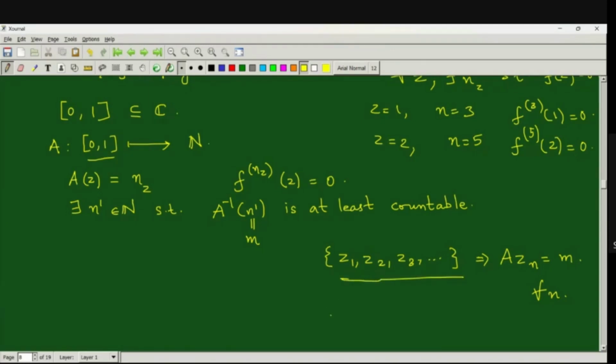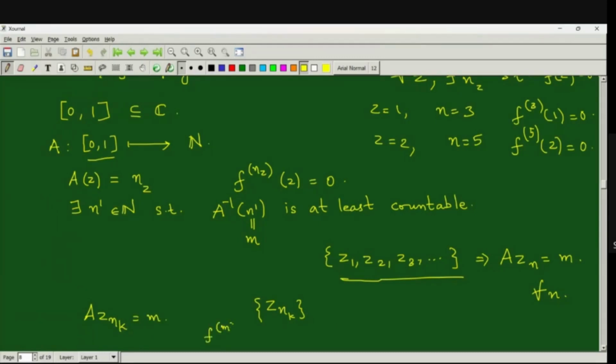Means this will have a convergent subsequence, by Bolzano's theorem. So let me call that convergent subsequence z_nk. Now what is the property of z_nk?